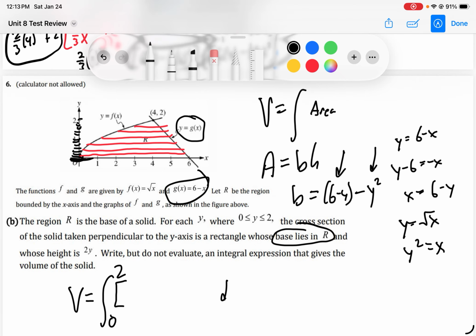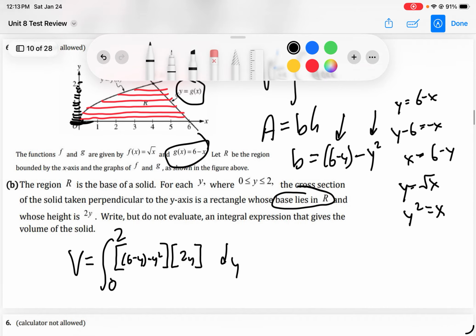So the base is 6 minus y squared, times the height, which is 2y, dy. And that would be the integral expression that gives the volume. Again, this is the base, that's the height, and I'm adding up an infinite number of those areas for each cross section, starting at 0 and ending at 2.